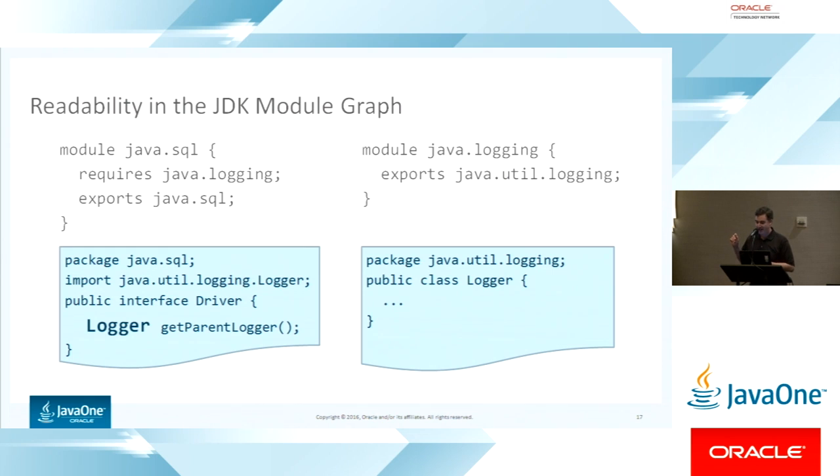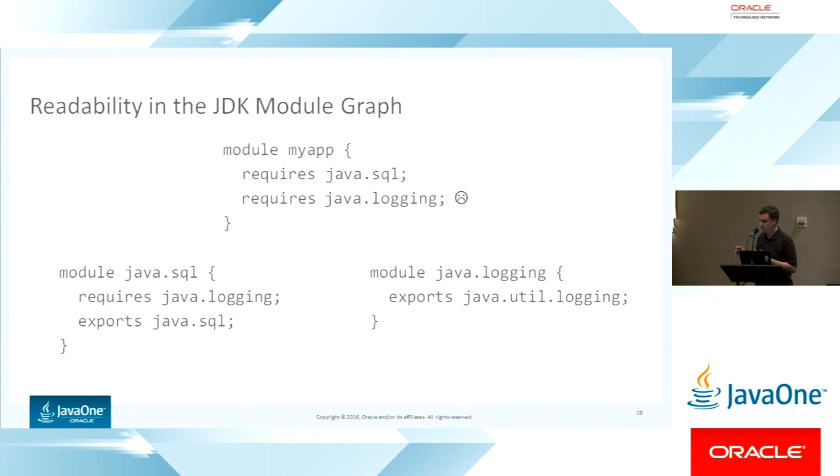What if it was the API of the java.sql module, rather than its implementation, that wants to use the Logger type? In other words, Logger is in a method signature, a public method signature of a public interface in an exported package. So what if that API wants to refer to the Logger type rather than some method body? So here the JDBC Driver interface wants to return a Logger. Let's look at this through the eyes of an application module that uses JDBC, MyApp.